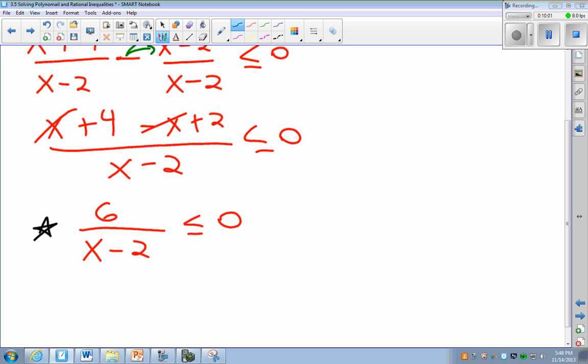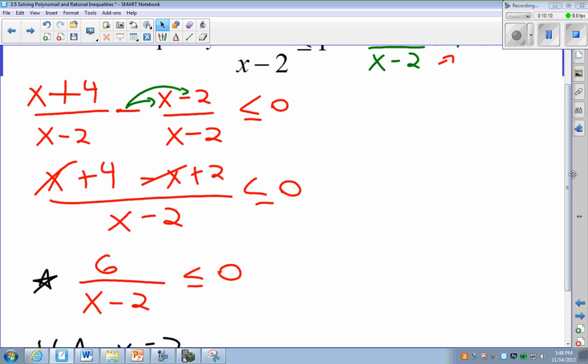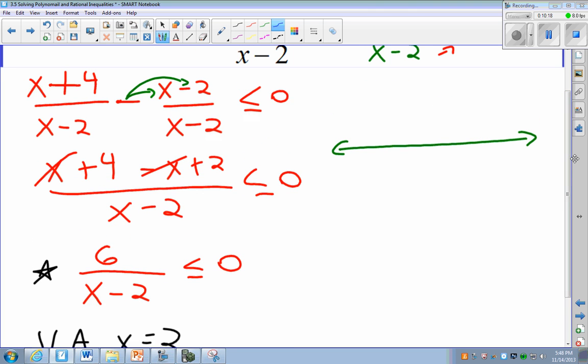So our vertical asymptote is x is equal to 2. Now we can graph that on our number line. So here would be our 2. Now let's go ahead and find values to the left of 2 and to the right of 2, see whether or not they're positive or negative.